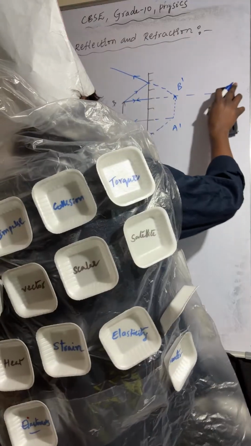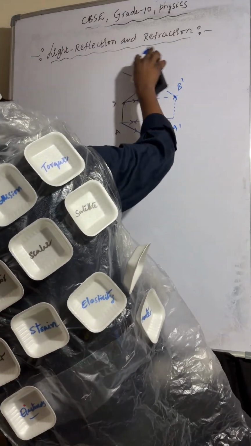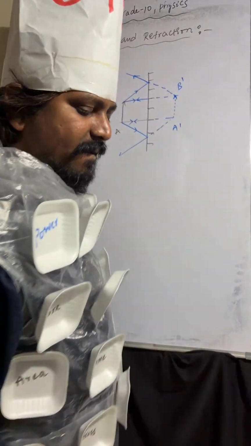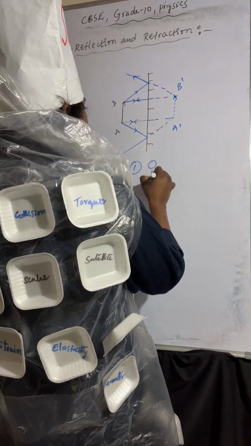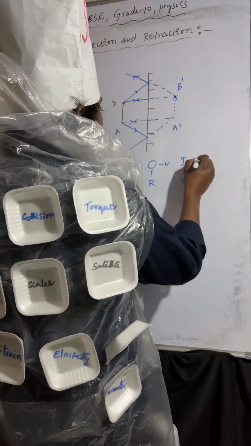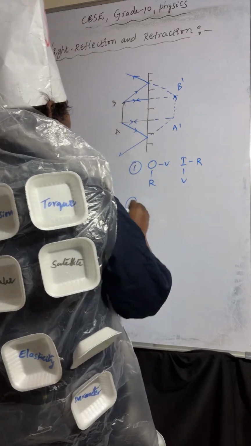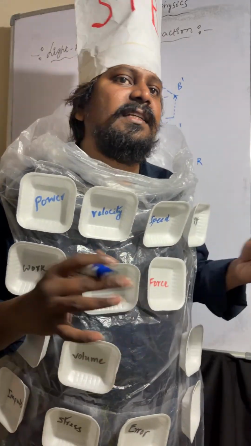Okay, so here you can observe point number 1. If the object is real, image is virtual.